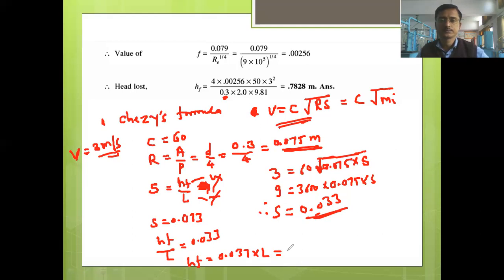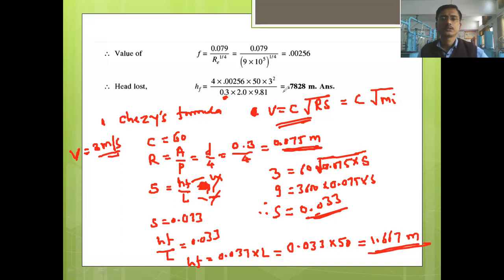Length of pipe? 50 meter. 0.033 into 50 is equal to 1.65667. This will be in meter. So this is the answer for this.